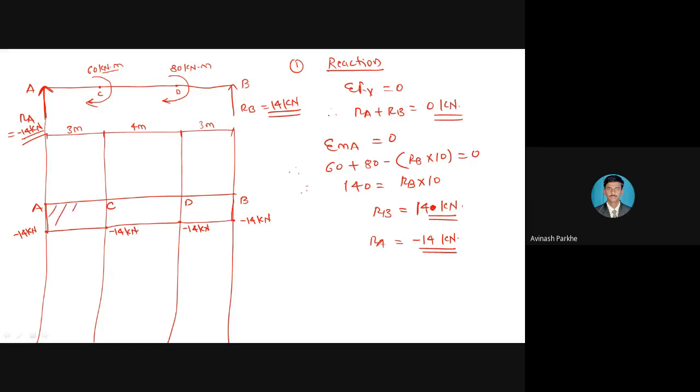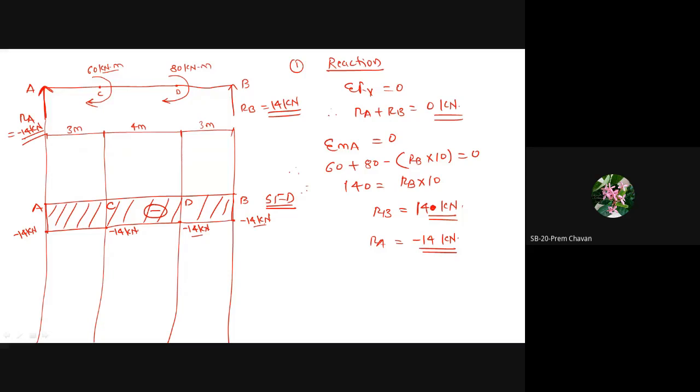Means whatever shear force diagram we have drawn, that shear force diagram will be in the negative region. Whatever the shear force is applied at point A, minus 14, same it will continue up to point B. At point C also minus 14, at point D also minus 14, at point B also minus 14 kilonewton.